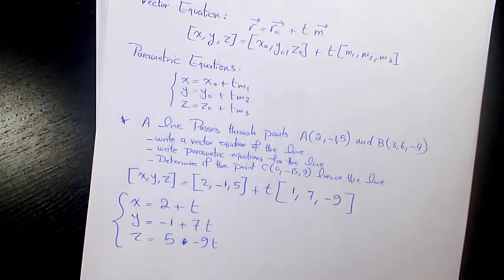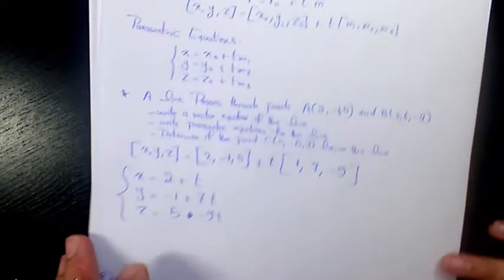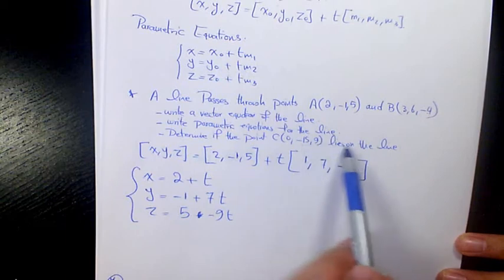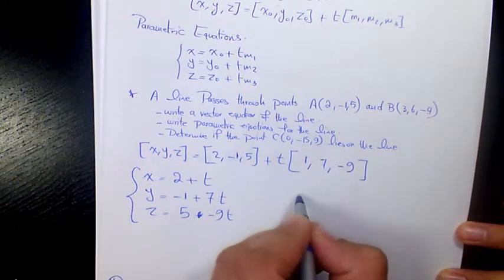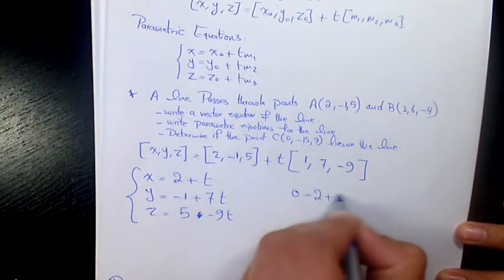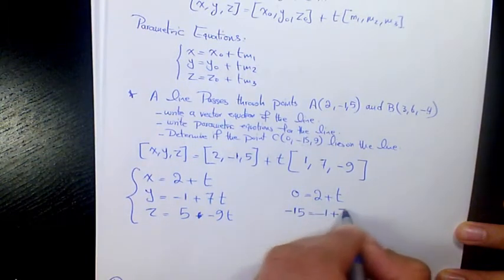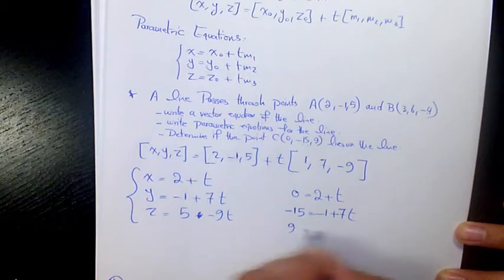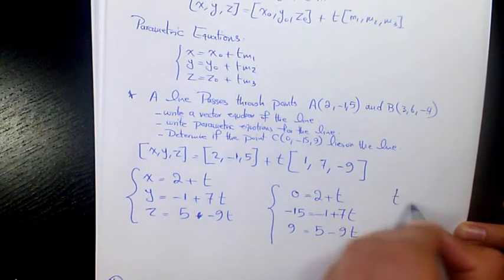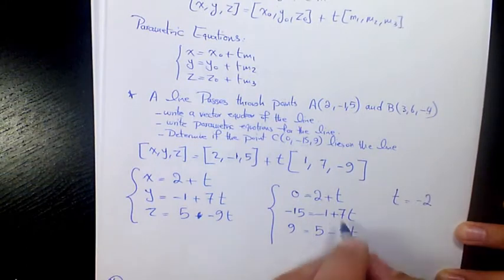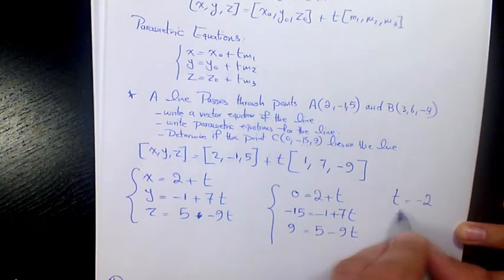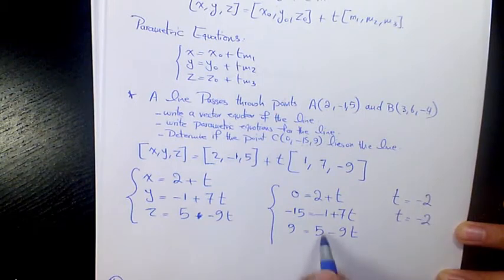And the last part, it says determine if point C, 0, negative 15, and 9 lies on the line. So we have 0 equals 2 plus t, negative 15 equals negative 1 plus 7t, 9 equals 5 minus 9t. So t equals negative 2, and here we have t equals negative 2, and here we have 9 minus 5 is 4.